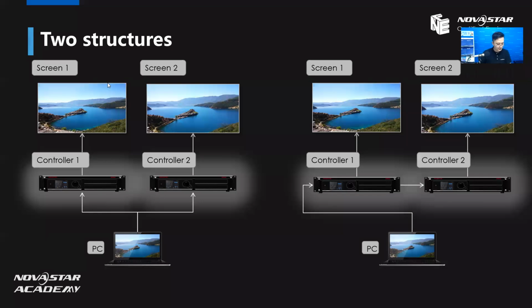The first structure is non-cascaded units, and here is cascaded. The cable is a USB cable. Basically, NovaStar controllers use a USB cable to cascade the controllers. Okay, so these two situations will have different software settings. That's why I give you these two different situations.